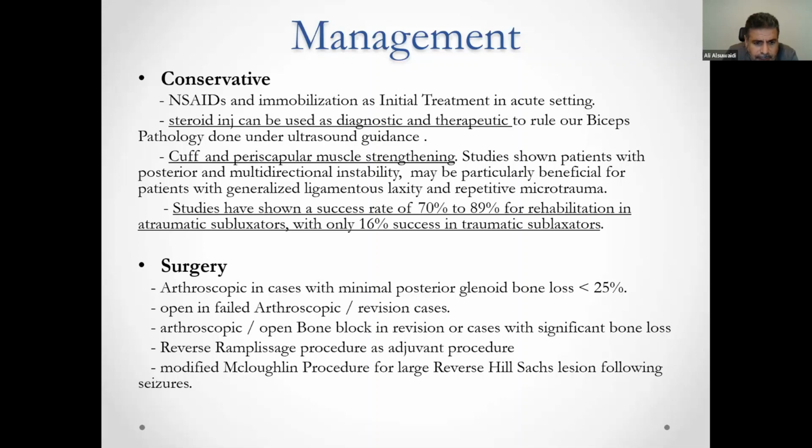Recently, more people are talking about open bone block in revision cases with significant bone loss, and sometimes even a reverse Hill-Sachs type of procedure as an adjuvant in someone with some bone loss and a large reverse Hill-Sachs. I would leave out the modified McLaughlin; basically, those are for a large reverse Hill-Sachs. I'm not going to talk about it. Those are in some rare cases with seizures.